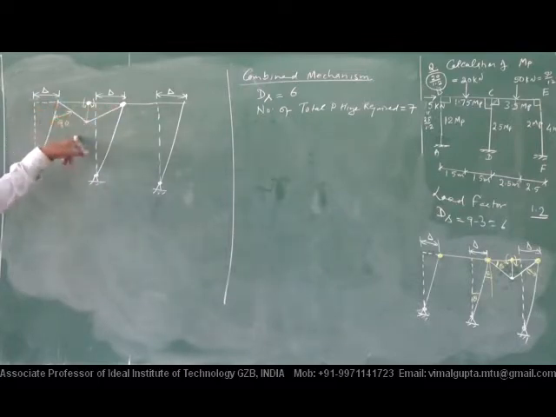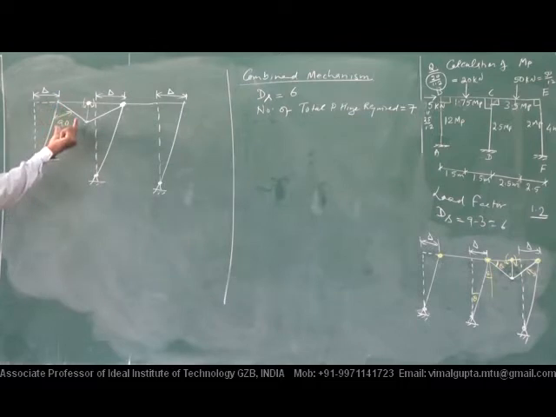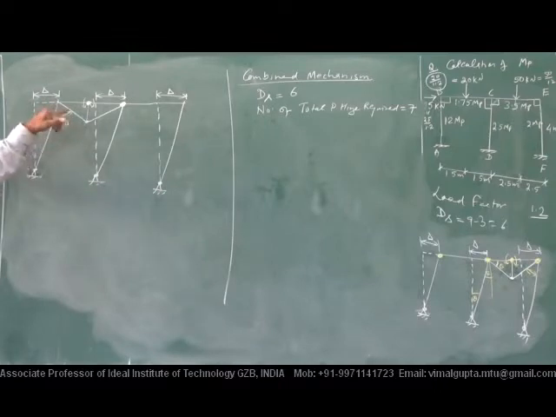That deflected shape can be possible without any rotation between these two members. It should be very clear to all of you. That can be possible. Therefore, there may not be a plastic hinge.